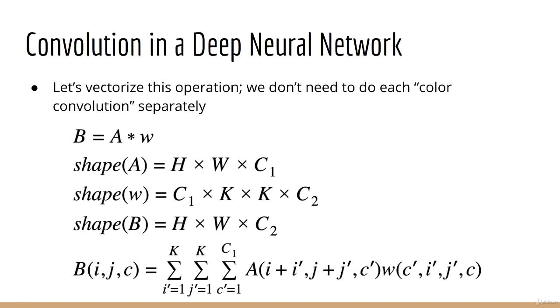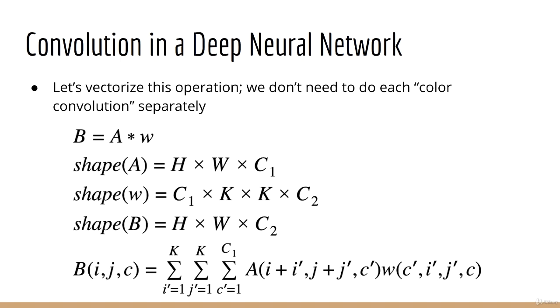You can think of C1 as the number of color channels the image A has. Then we have the filter W, which has the shape C1 by K by K by C2. Note that this is now a four-dimensional tensor. Then we have the output image B. Assuming that we're doing same mode convolution, the height and width dimensions will be the same, h by W, but the third dimension will be C2.